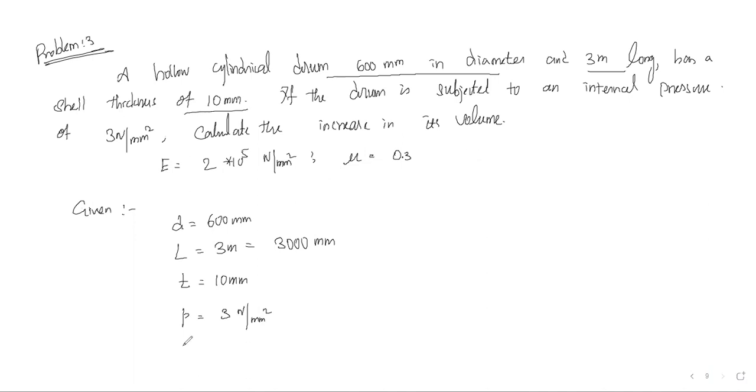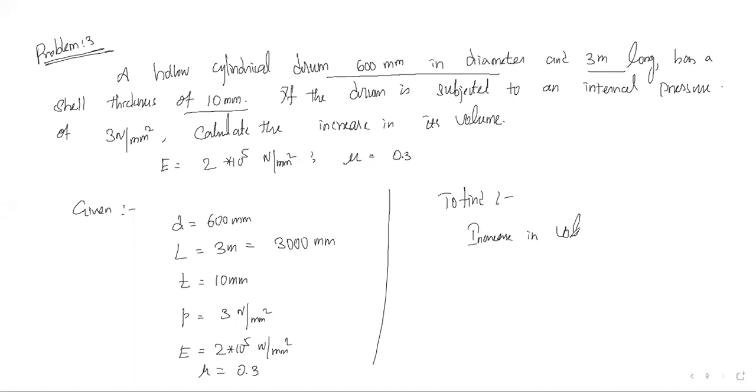Next they have given E equal to 2 into 10 to the power 5 Newton per mm square and mu is equal to 0.3. So we have to calculate the increase in volume. Solution.